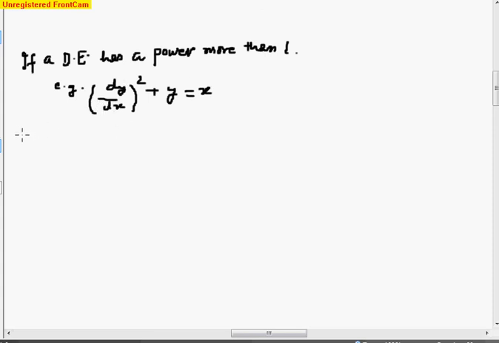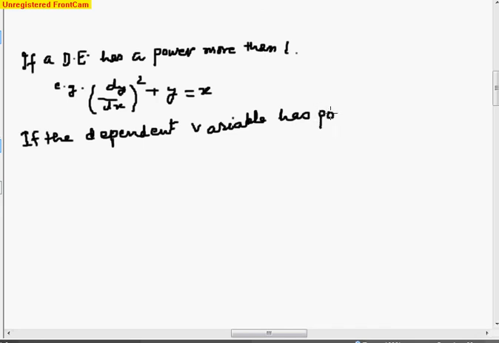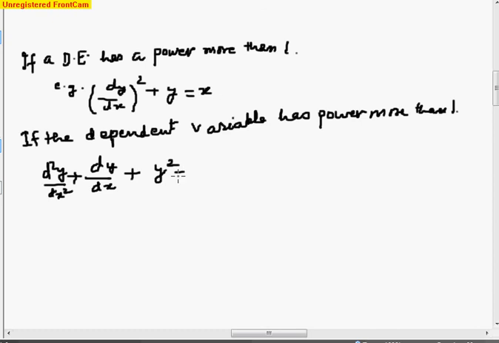Second is, if the dependent variable has power more than 1. For example, d2y by dx square plus y square is equal to x.